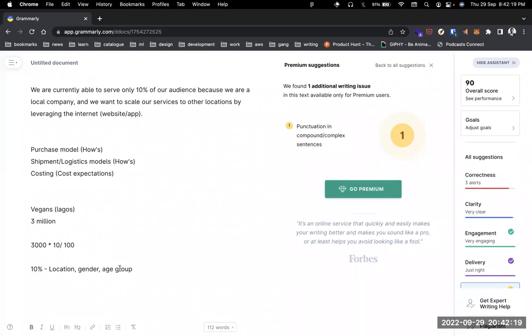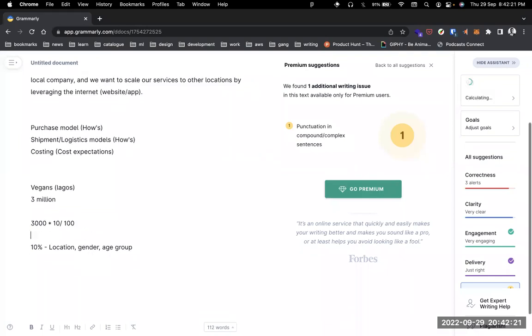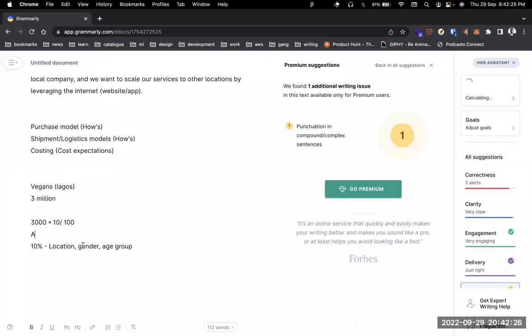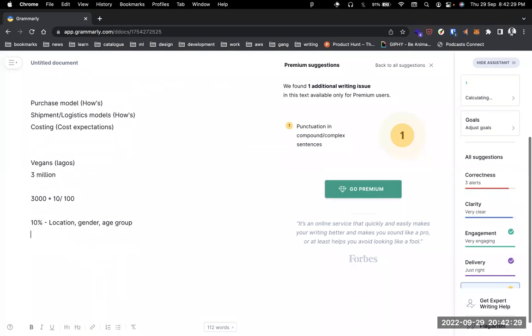Then the next thing you have to do is look at the expected age group and gender and location, and you can decide to interview, let's say 50 potential users. I mean, 50 is small in some cases, right?